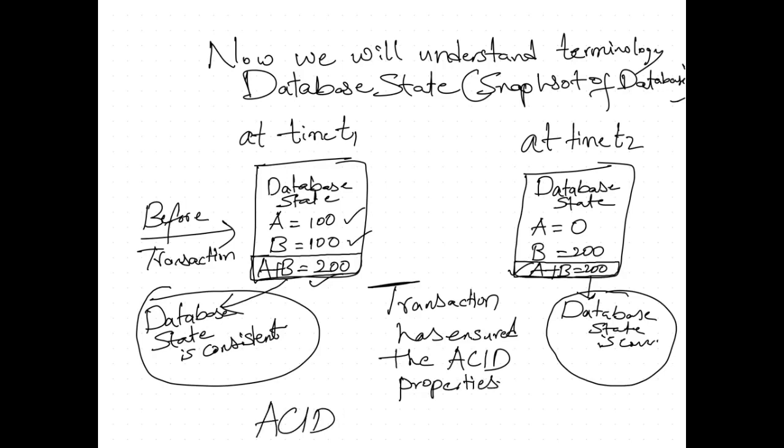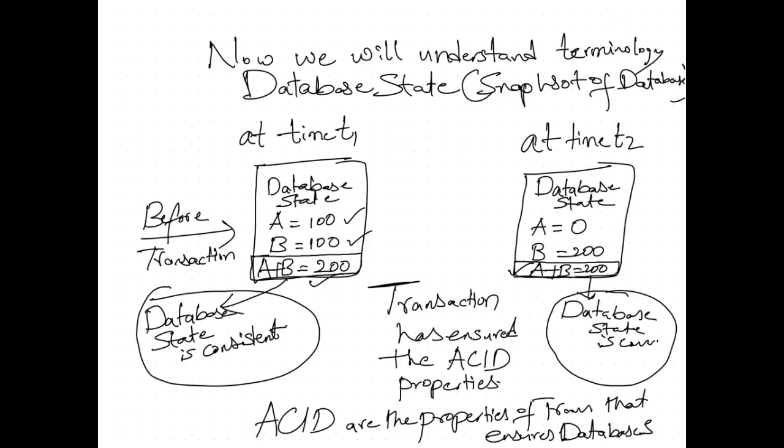ACID properties are the properties of transactions that ensure the database state is consistent.